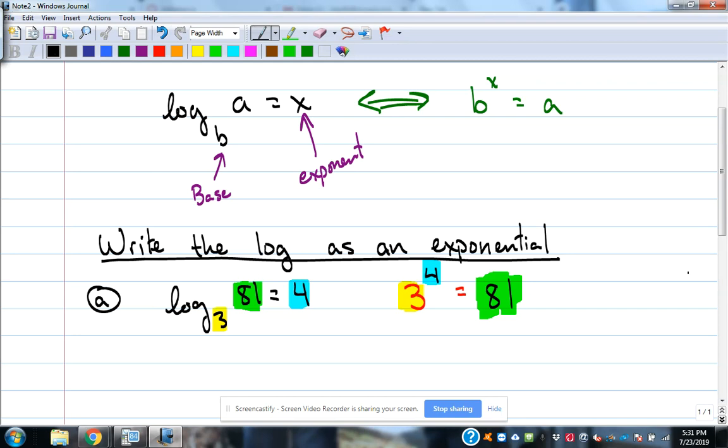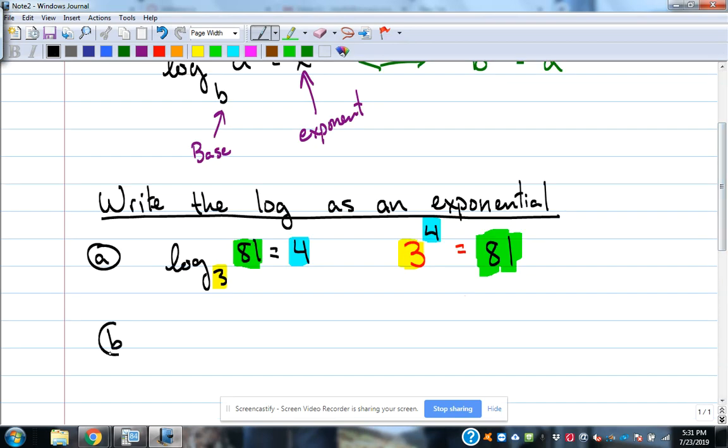All right. Let's take another one. Let's say we had log base 2 of 8 is equal to 3. The base, again, it's log base 2, so that means the exponential has a base of 2. It's equal to 3, so that means the exponent is 3.